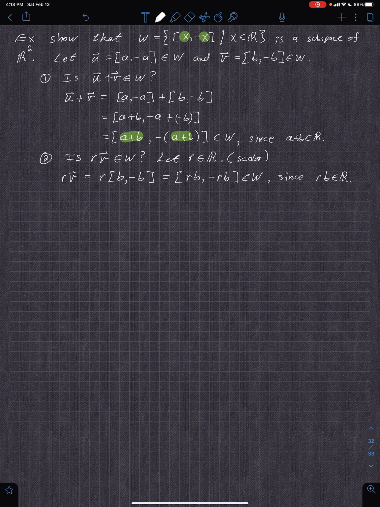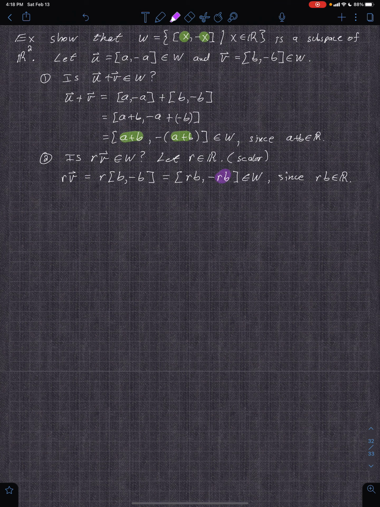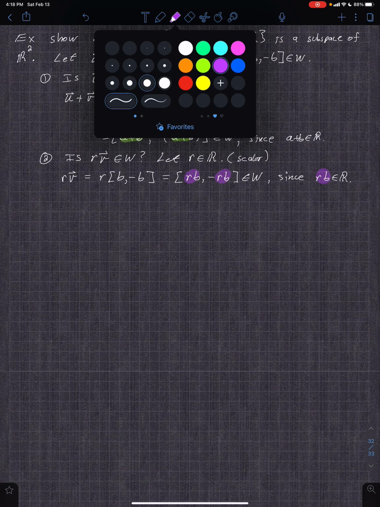So again, same exact form. This form is the same as that: real number, comma, negative same real number. Right, so that's why it works.